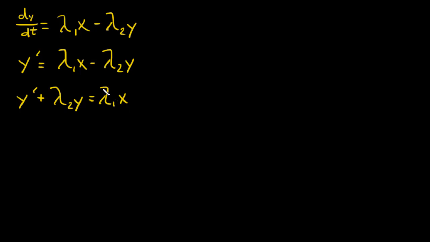Okay? Now, I can substitute in my x expression that I just solved for right here. So I'm going to wind up with y prime plus lambda 2 y equals lambda 1 times x naught times e to the negative lambda 1 t.